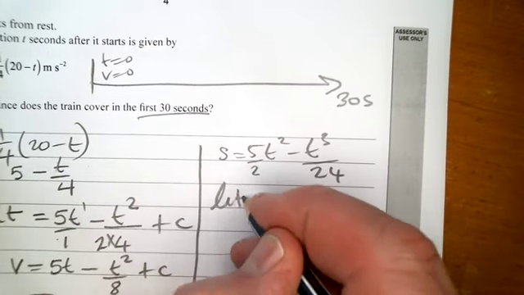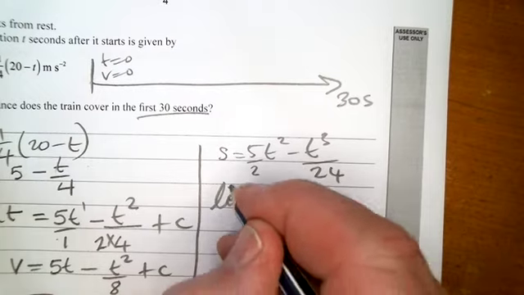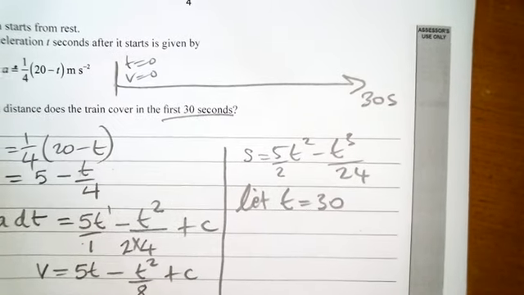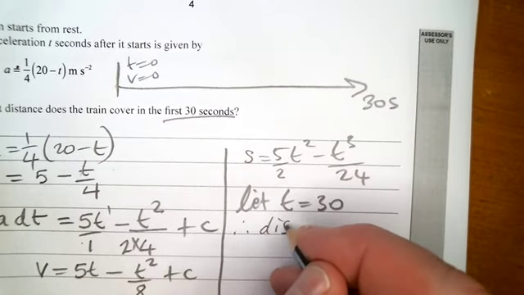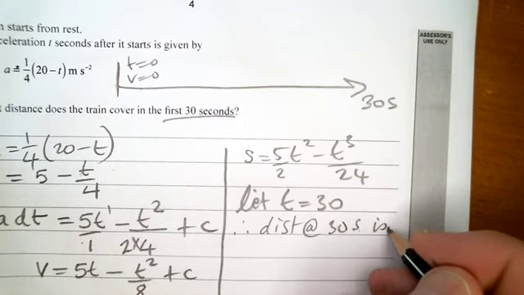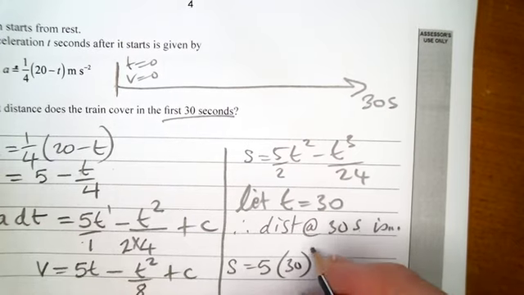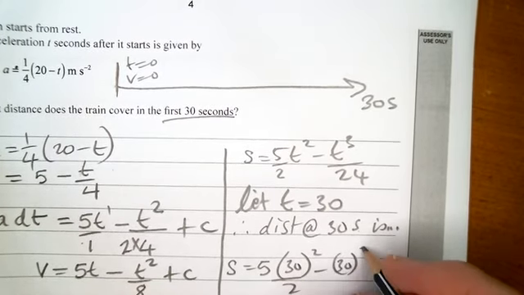I'm going to let t equal 30. So now we're going to find the distance at 30 seconds. Therefore, s equals 5 times 30 squared on 2 minus 30 cubed on 24.